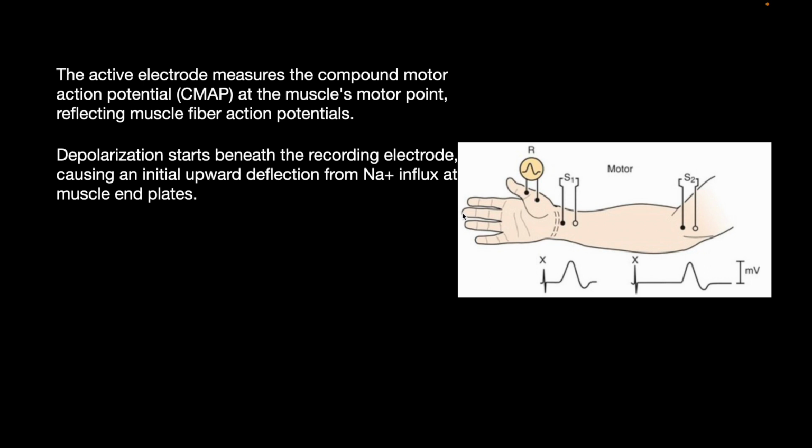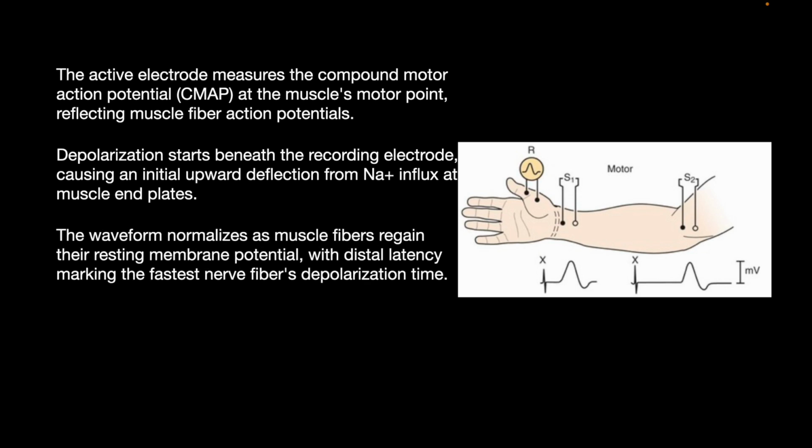Depolarization starts beneath the recording electrode, causing an initial upward deflection from the sodium at the muscle end plates. The waveform normalizes as the muscle regains its resting membrane potential, with the distal latency marking the fastest nerve depolarization time.